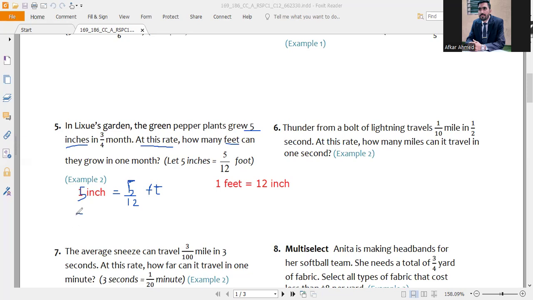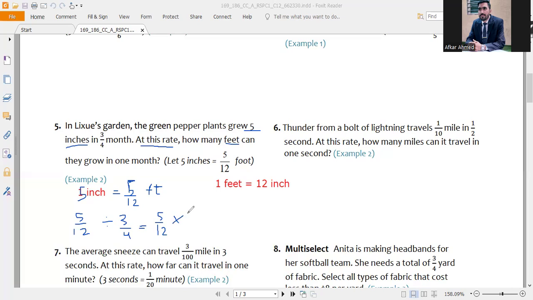Now we have this one, and we will do the same. 5 over 12 will be divided by 3 over 4. Now you will do the same thing: keep, switch and flip. Keep means remain the same, because we can't divide two fractions until we do this process.